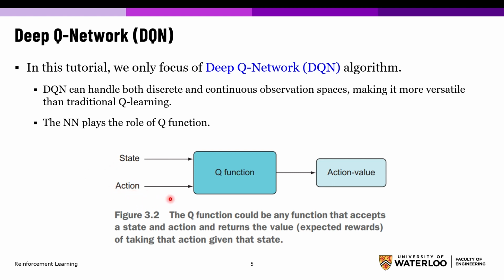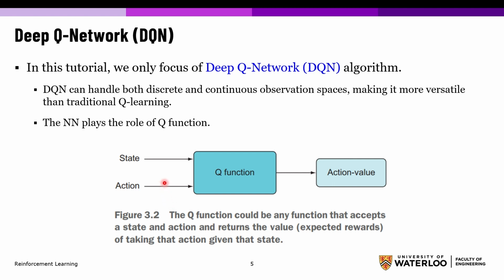So instead of having a table, here we have a function, and a neural network or other networks in deep learning can act as that Q function. They can use CNN, they can use LSTM instead of a simple neural network.